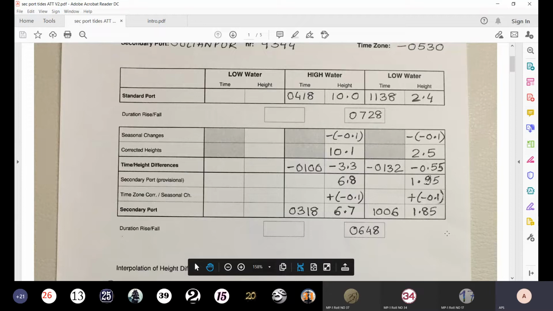Seasonal correction I have already explained to you: standard port minus, and inside the bracket, whatever is written. And the seasonal correction you have to pick up from the bottom of that page.